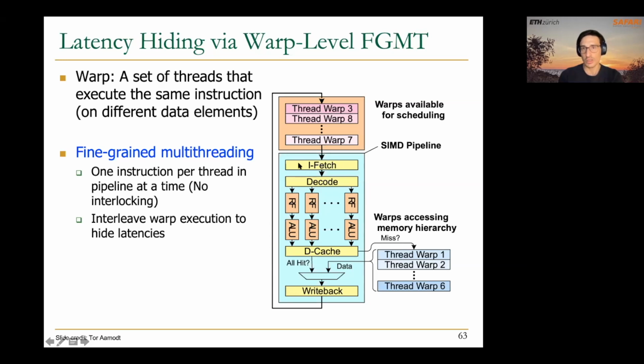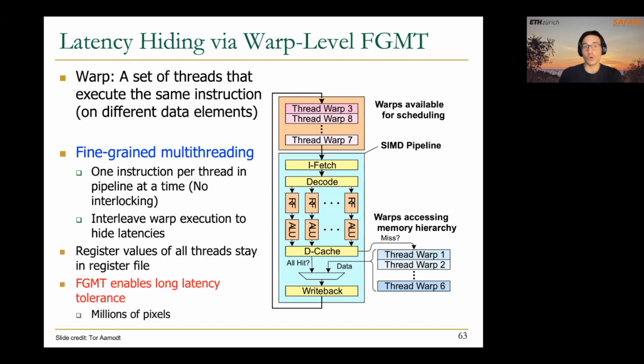Here you can easily recognize the fetch stage, decode, access to the register file, execution in the ALUs, and eventually access to the cache or the shared memory that is also on chip inside the GPU core. Eventually, either the shared memory or the cache will miss, so we have to go to the lower levels of the memory hierarchy, L2 or the global memory, the external off-chip DRAM. While we are performing these operations, it's possible to continue the execution in this pipeline of instructions from other warps, and this way tolerate these long latency operations.